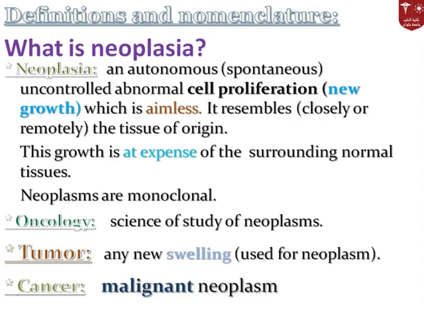This space comes from compressing or invading the surrounding cells. So which proliferation will cause compression of the surrounding cells and which one will cause invasion? That is what we will learn later in this lecture.